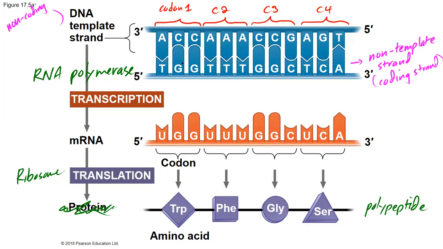So we have 2 names so far for the 2 different strands. The top one here in this example is called the template strand or non-coding strand. The one at the bottom here is called the non-template strand or the coding strand. Also, this one could be called the sense strand, and the top one is called the antisense strand.